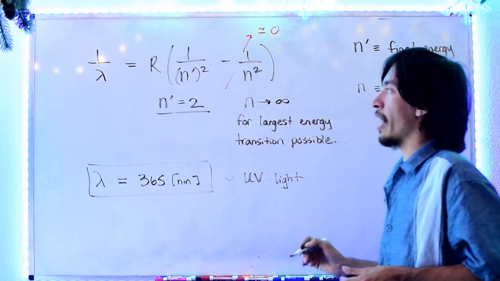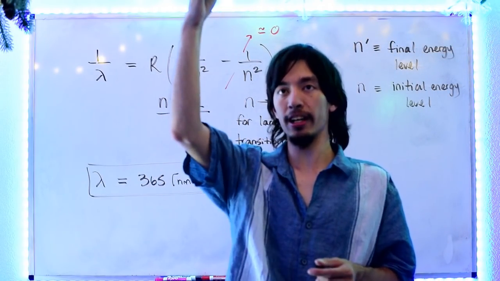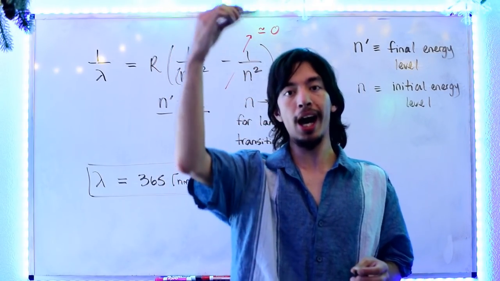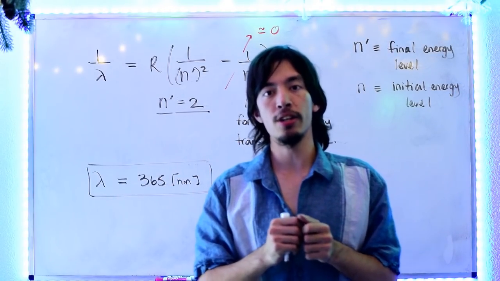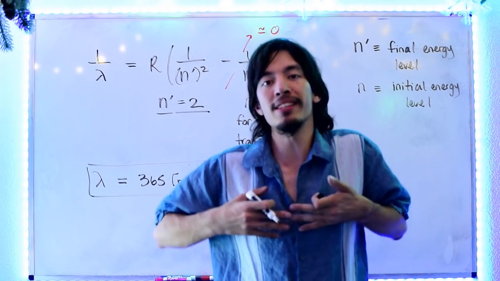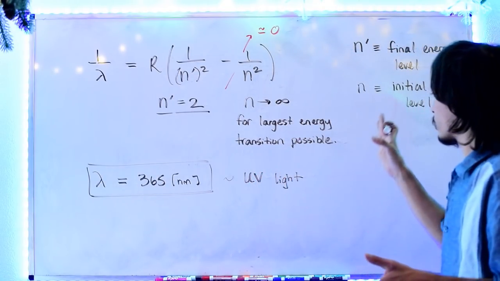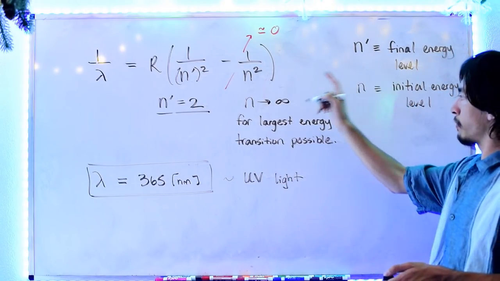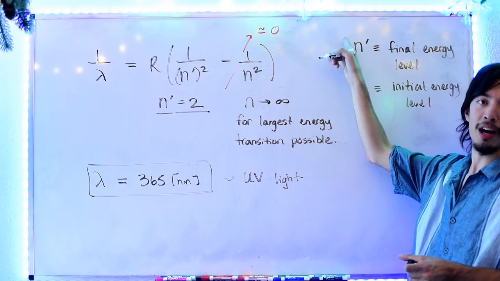And the thing is that when you go from a low energy state to a higher energy state, which is not what you're doing here, you have to take in energy, not release it. And light is a form of energy. So if you see light emitting from something, that means it's releasing energy. So in order to release energy, you have to go from a higher energy state to a lower energy state. So that can only mean that the n value must be bigger than the n prime value.